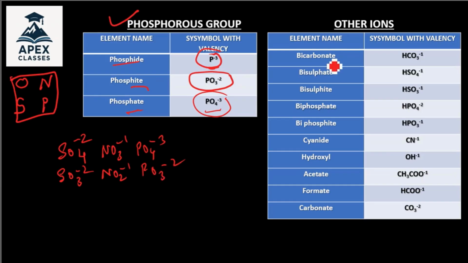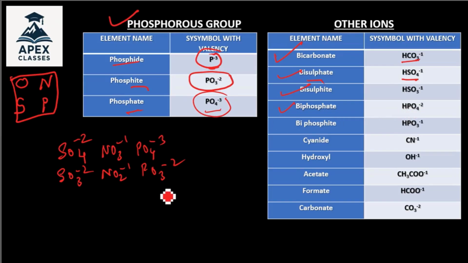Now, what about other ions? First comes the bicarbonate ion, HCO3⁻. Bisulfate is HSO4⁻. Be very careful: sulfate is SO4²⁻, but when hydrogen is added it is called bi-, so bisulfate has valency -1. Bisulfite is HSO3⁻. Next is biphosphate, HPO4²⁻.